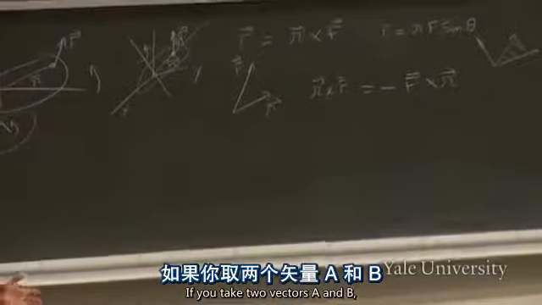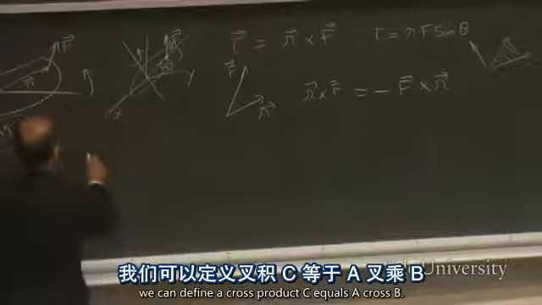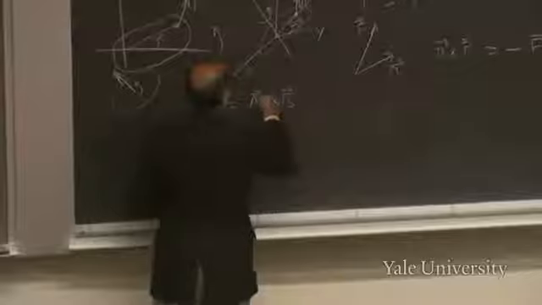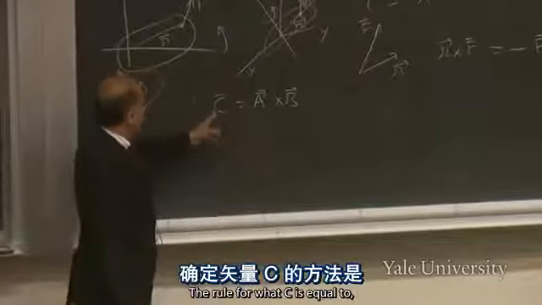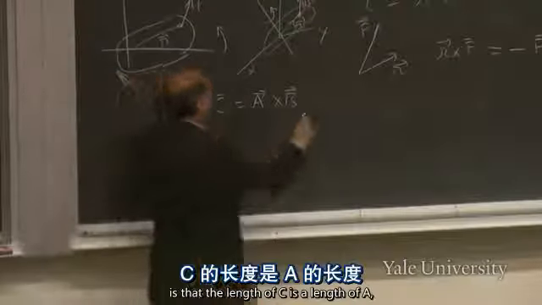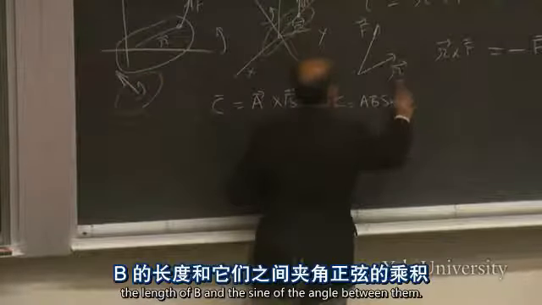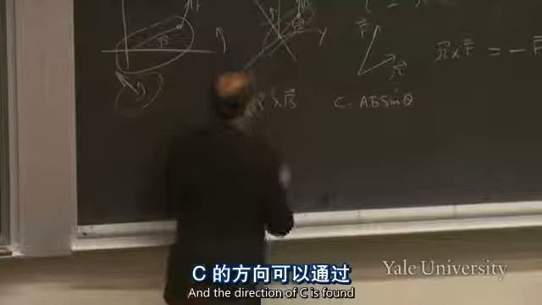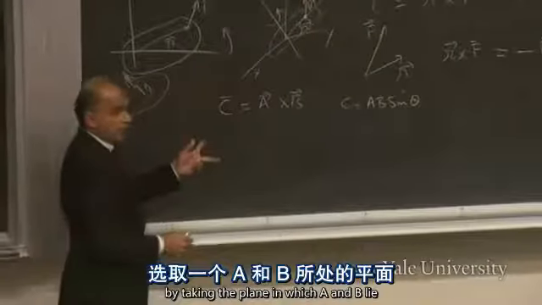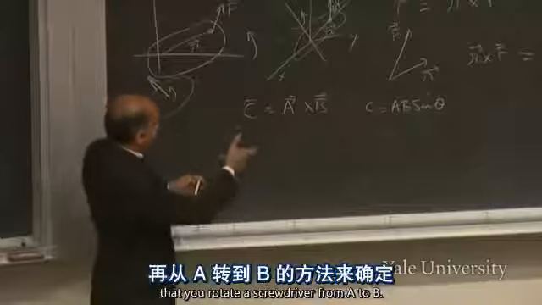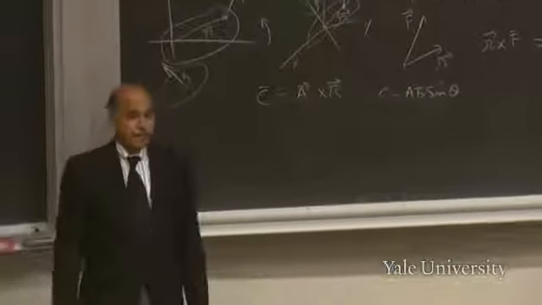If you take two vectors a and b, we can define a cross product, c equals a cross b. The rule for what c is equal to is that the length of c is the length of a, the length of b, and the sine of the angle between them. And the direction of c is found by taking the plane in which a and b lie and drawing a perpendicular to the plane, in the sense that you rotate a screwdriver from a to b.